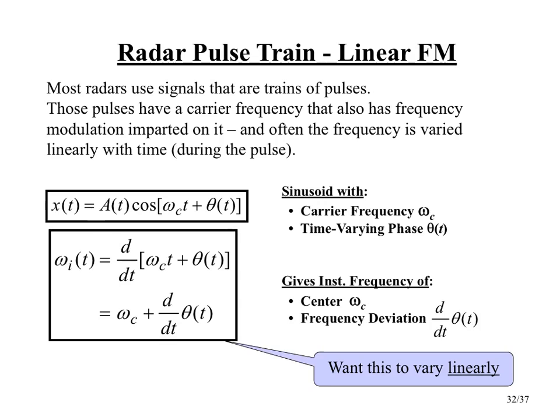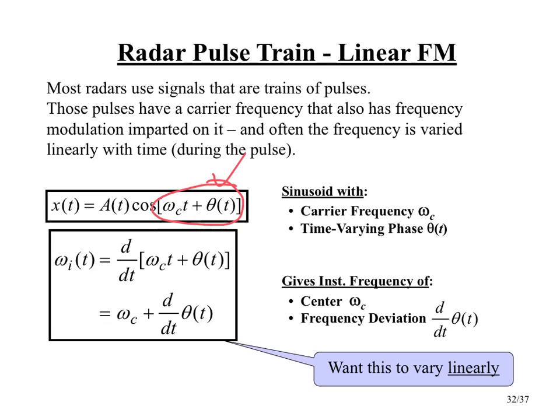We know it's an RF signal, so we can represent it using our standard RF bandpass signal model. Looking at what's going on inside here, that omega_c t plus theta of t is a time-varying phase.